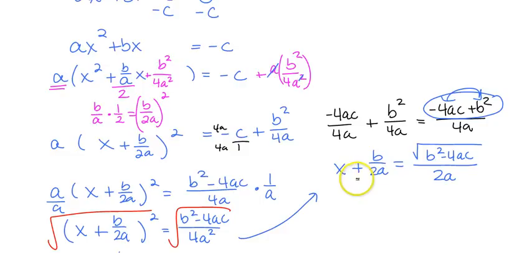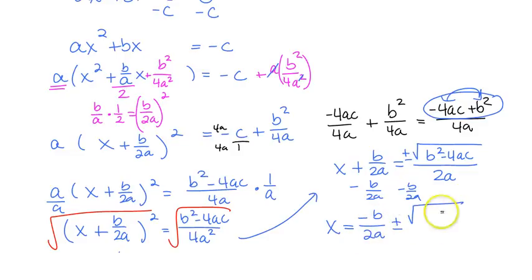Now the only thing we have left is to subtract. We square root both sides, can't forget our plus or minus, subtract b over 2a from each side, and we've got x is equal to negative b over 2a plus or minus the square root of b squared minus 4ac all over 2a.